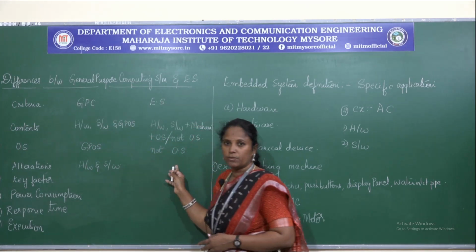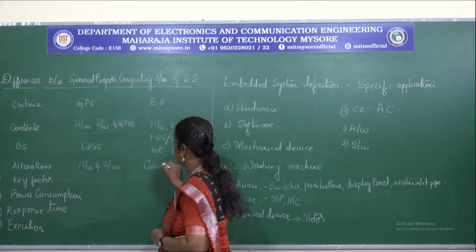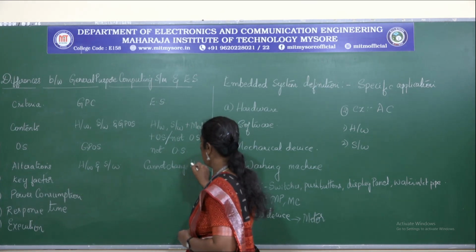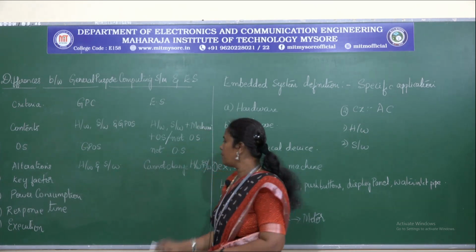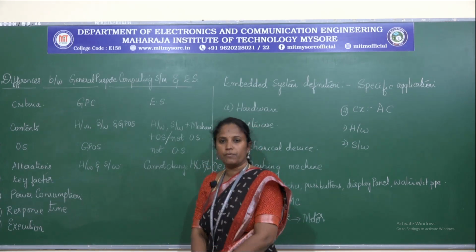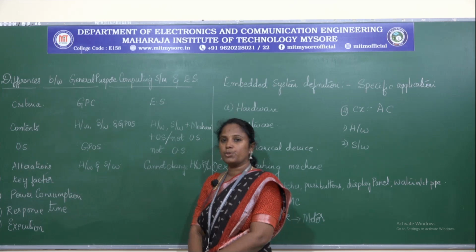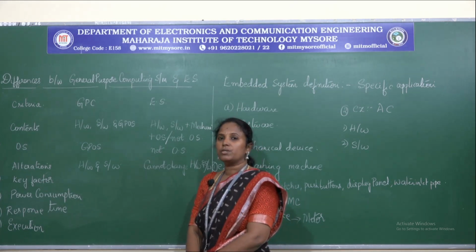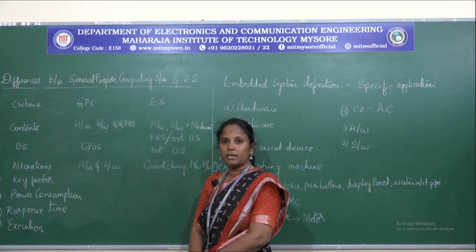But in the case of your embedded system, you cannot change your hardware and software, because you have designed your embedded system to perform only a specific application, a single application.